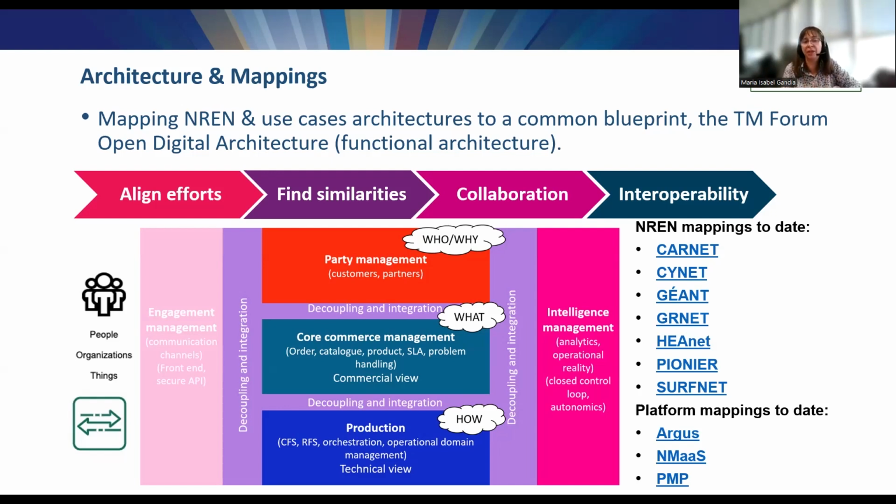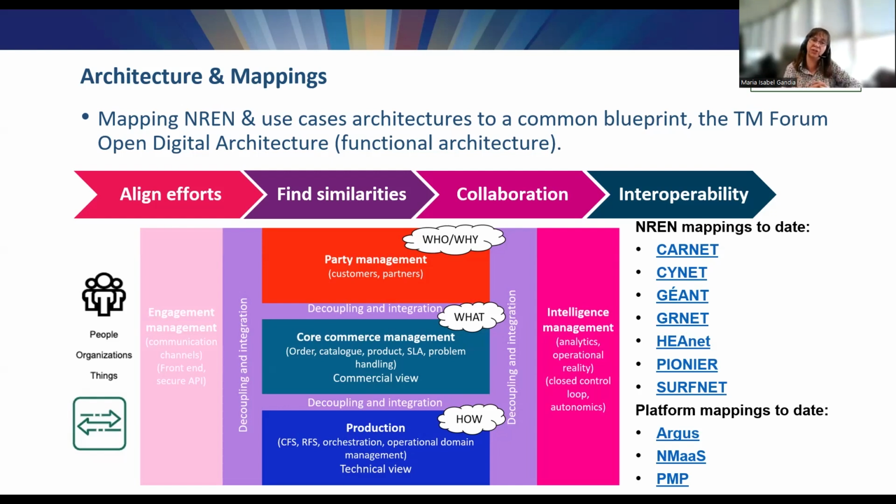The core commerce management functional block is like the what you sell, what the organization is giving to the customers, the orders, the catalog, the products, SLAs, problem handling, the commercial view of the organization.